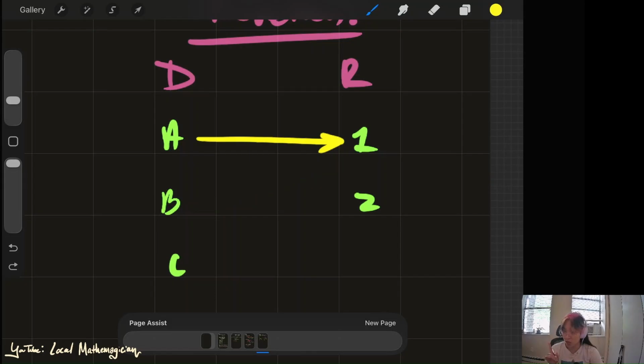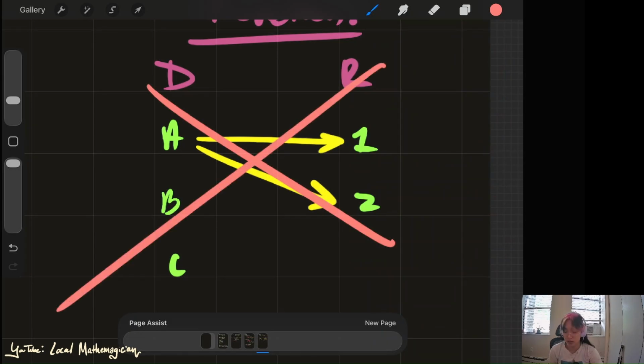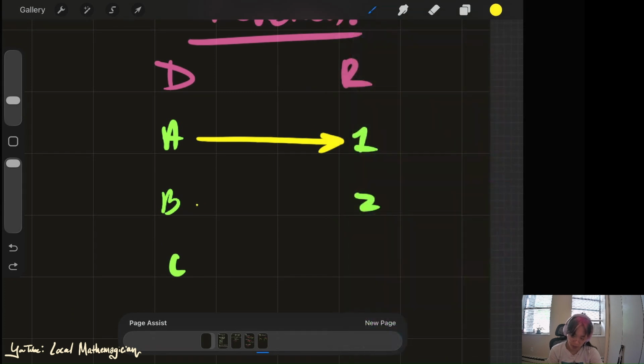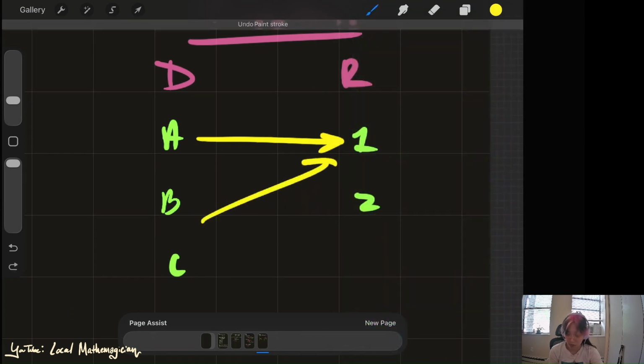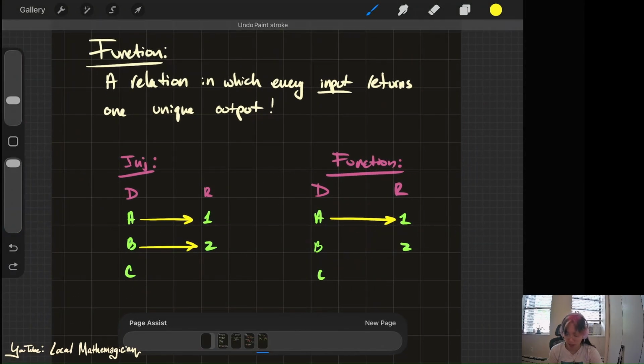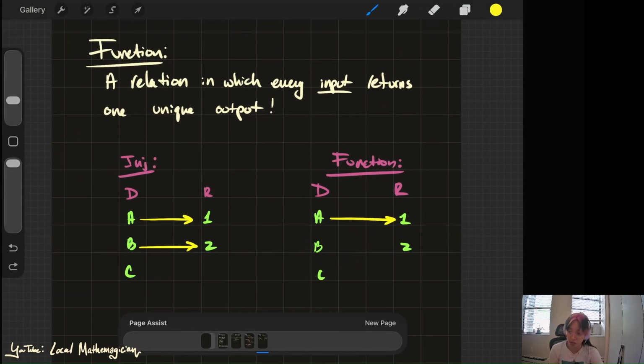What you cannot do is this. Not a function. Okay? Function, not a function. And of course, functions can also be injective and surjective as well, and so on and so forth. Okay?